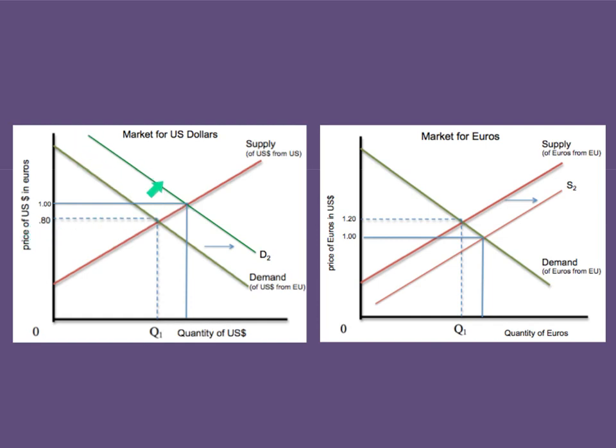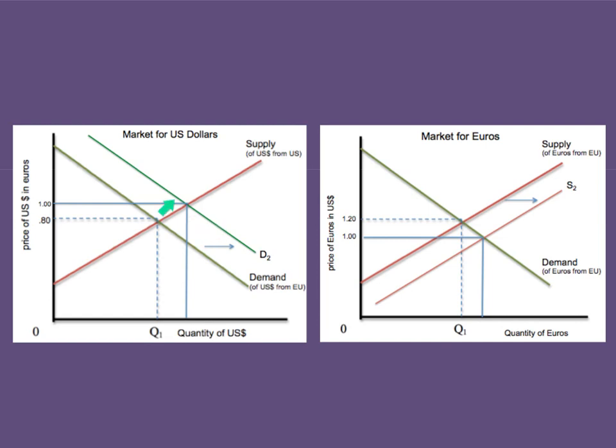So if the demand for dollars is going up, then that would mean that the supply of euros is going up as well. Because every time a European wants to buy a dollar, they have to supply one of their euros to the market in order to buy a dollar.